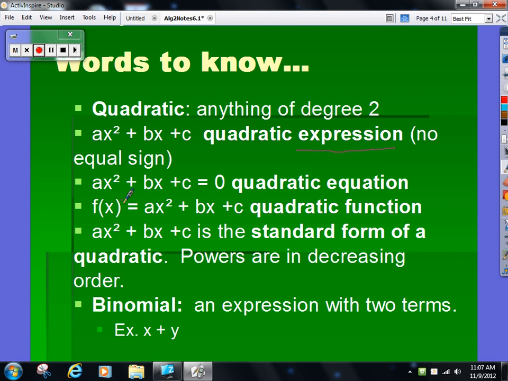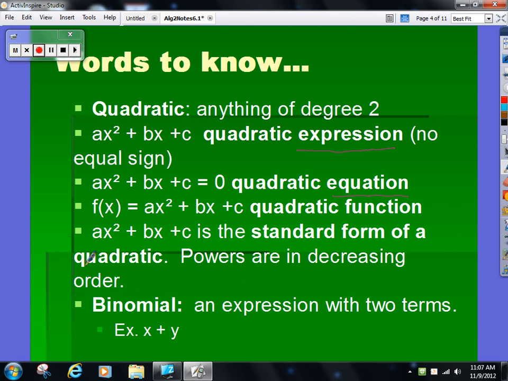Expression is different than equation because an equation has to have the equal sign. So it's a quadratic equation, ax squared plus bx plus c equals 0. This is actually called standard form when it's written this way, ax squared plus bx plus c. Quadratic function, because it's throwing in the f of x. These are all pretty much the same thing. If you're taking the time to write all this down, I think you're doing a little bit much here.